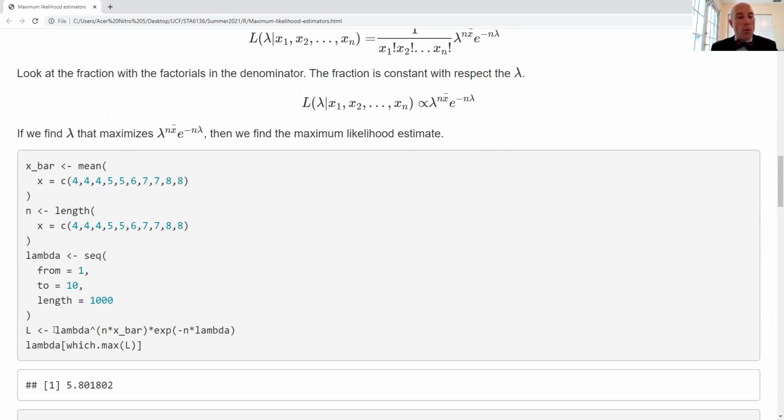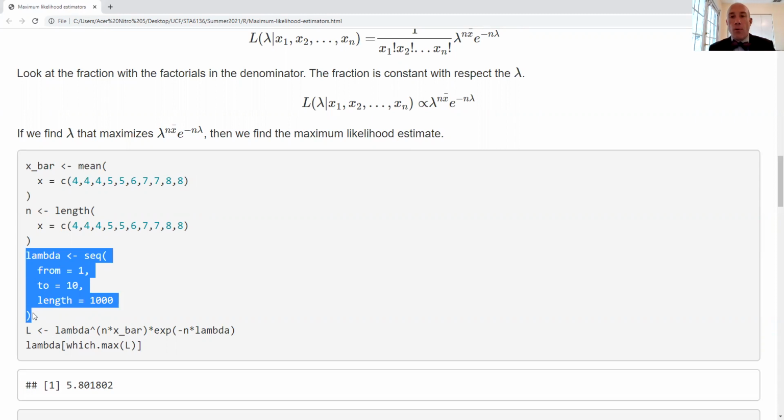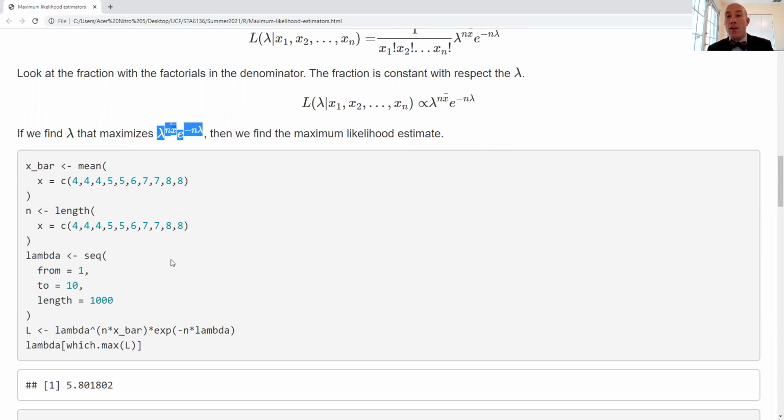And so now I'm going to plug in all of these different lambda values, this vector of different lambda values, into this expression and see where I get the biggest one. So here, I'm just doing exactly that. I'm finding this expression on the actual lambda values.